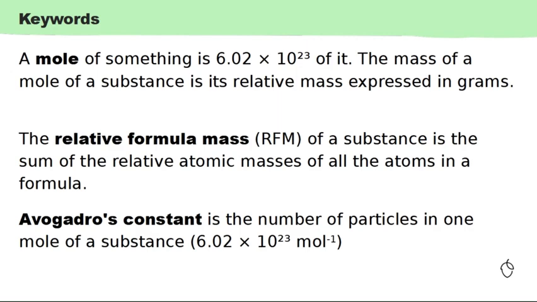The relative formula mass of a substance is the sum of the relative atomic masses of all the atoms in the formula. And Avogadro's constant is the number of particles in 1 mole of a substance, which is 6.02 times 10 to the 23.